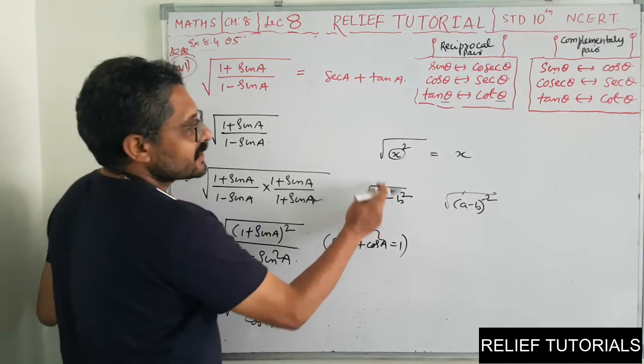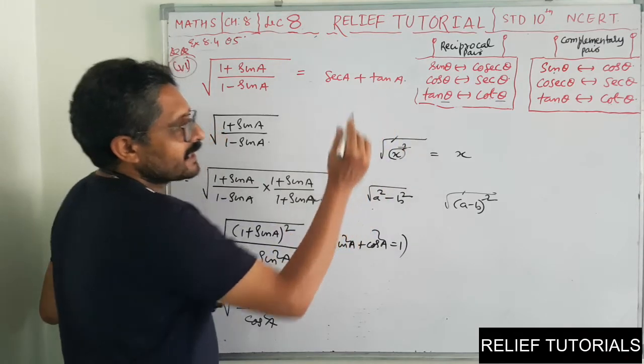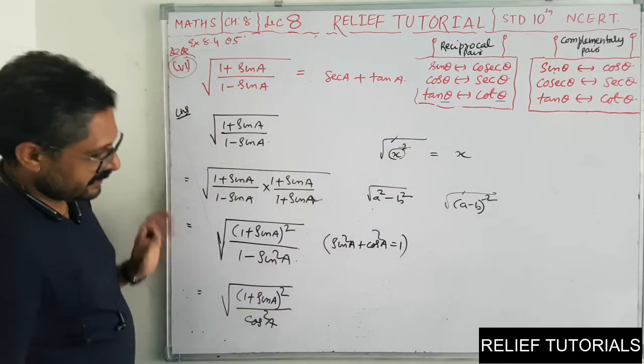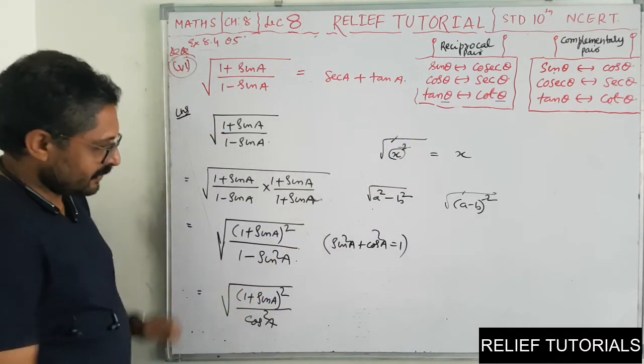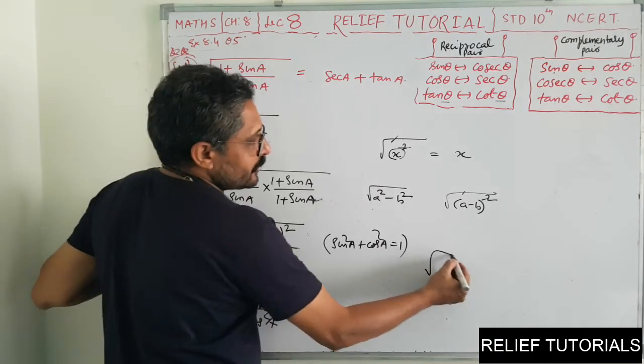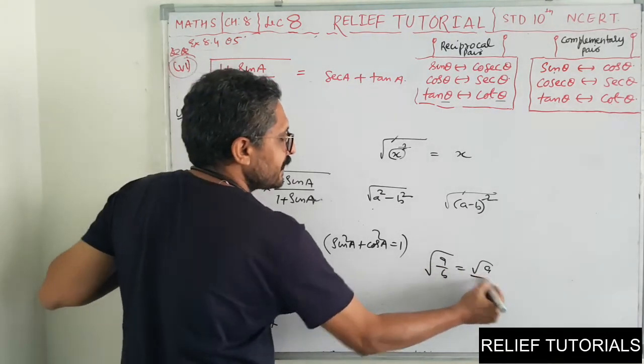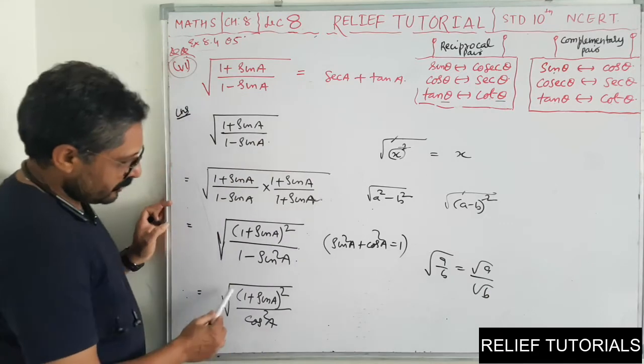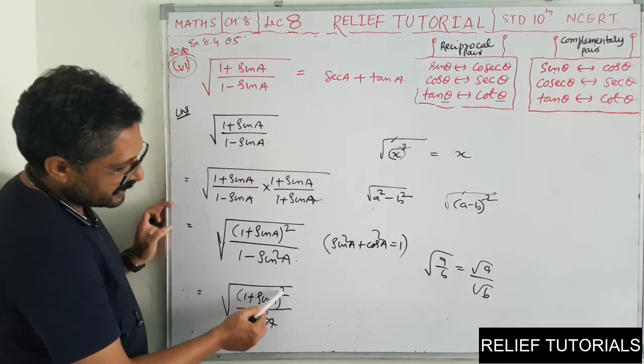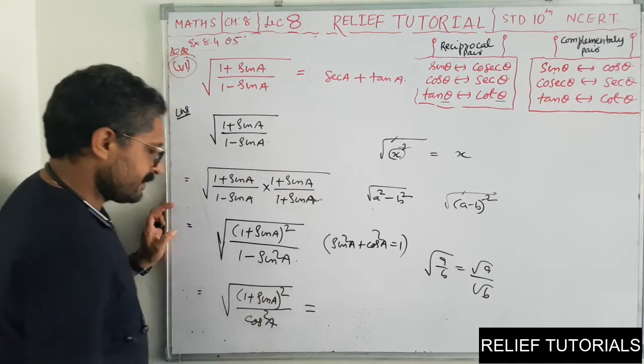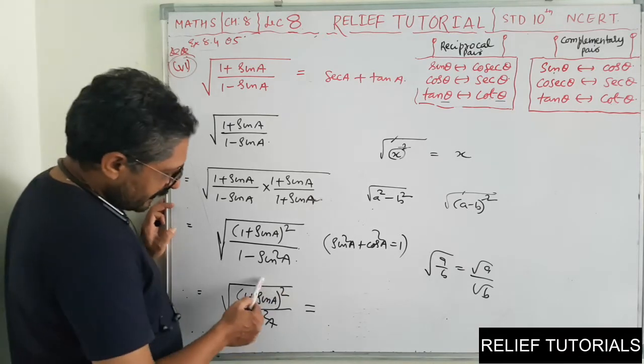Now it is like this way, root of x square. So I can remove this root and square. So now this root is for both. You know, root a upon b, I can write this as root a upon root b. So that root and square will get cancelled. Here, see, the square and root will get cancelled.